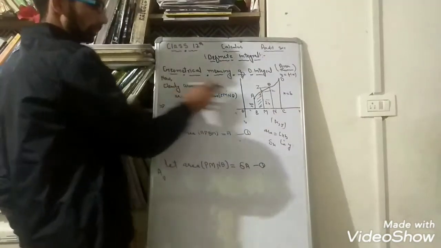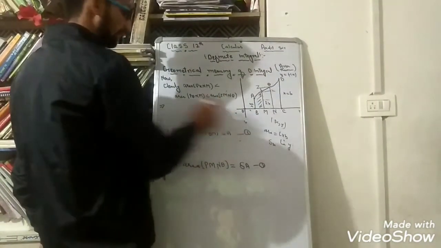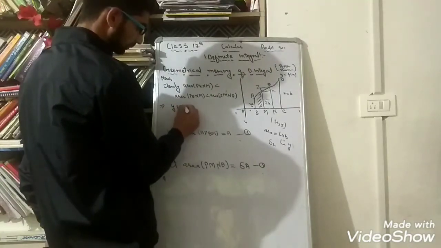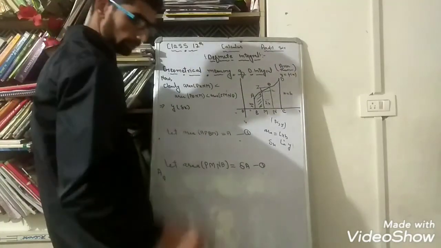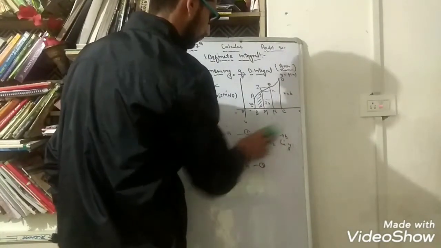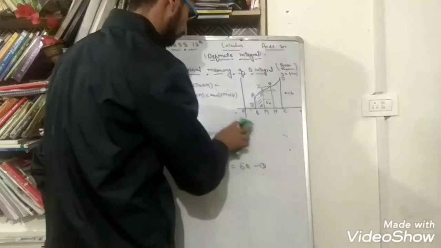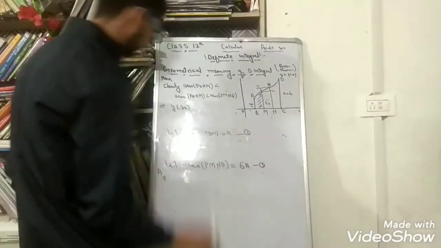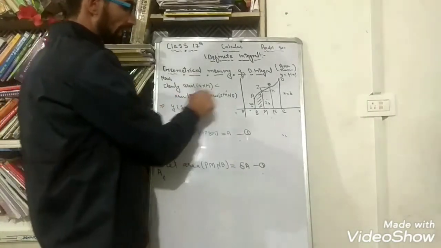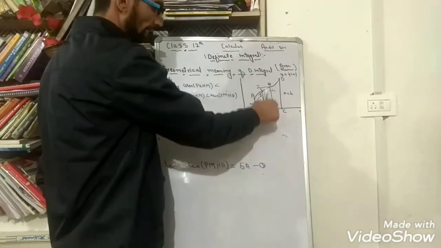So the area of PKNM, that is length times breadth, will be y into del x. This is my first, and then I have this thing less than the area of PQNM.